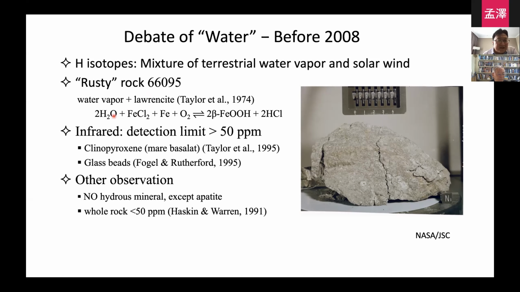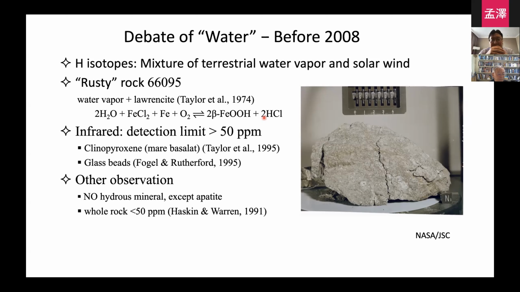It reacted with water, hydrogen, and oxygen on Earth and formed this hydrous iron material, and that's why it became rust. Of course, this is not from the moon. It's a contamination of terrestrial water vapor.